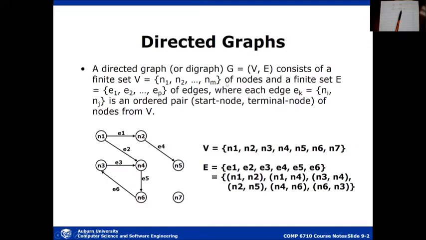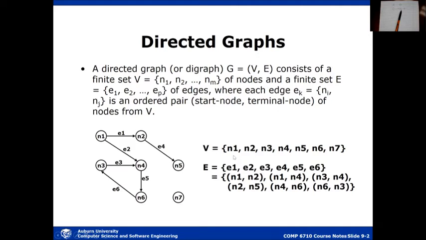And then the edges, they are e1, e2, and so on. Every single edge is a pair of vertices, where ni is the initial or starting node, and nj is the ending node. So an edge basically is an ordered pair of nodes.